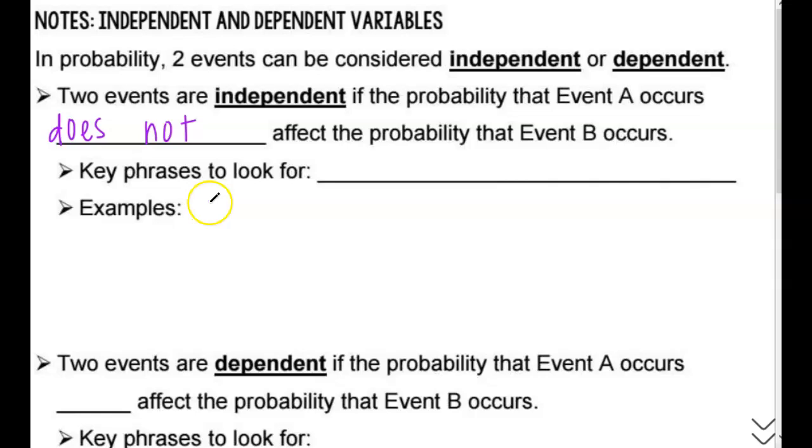Flipping a coin and then rolling a die. Do those two events have anything to do with each other? Do they affect each other's probabilities? No, so they're independent events.